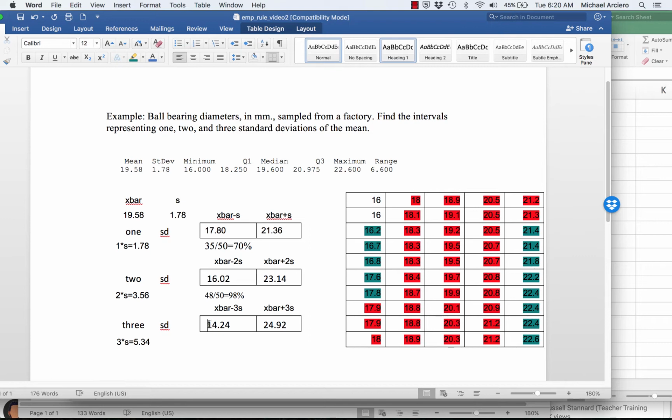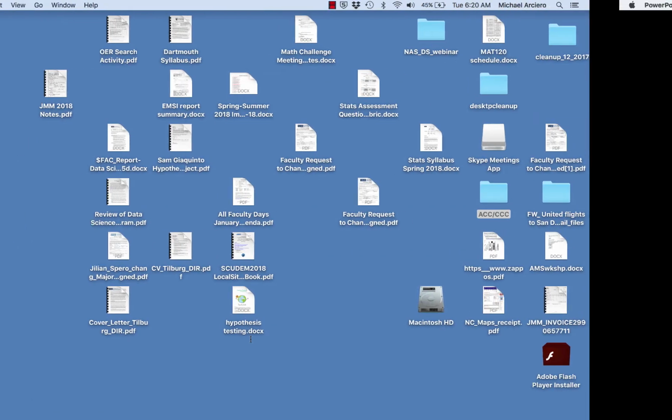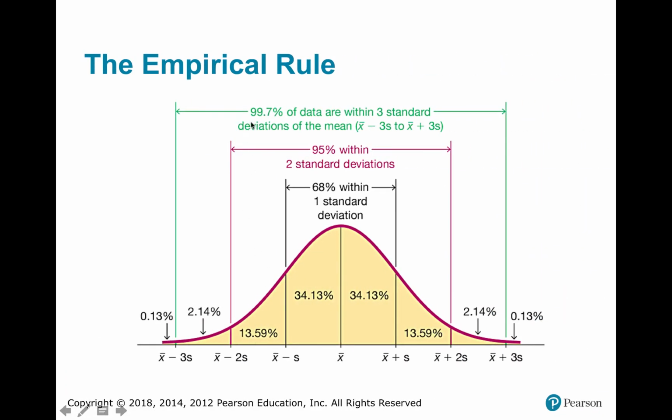And now for 3 standard deviations, we're going to take up all the data. So we get 100% of the data falling within 3 standard deviations, which again roughly agrees with our empirical rule of 99.7%.